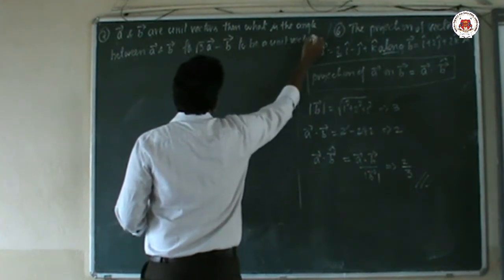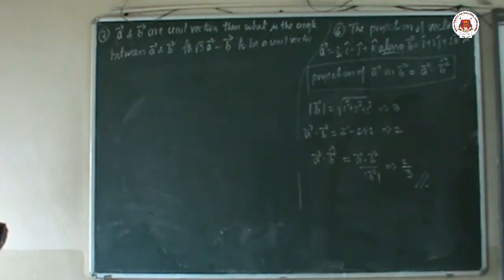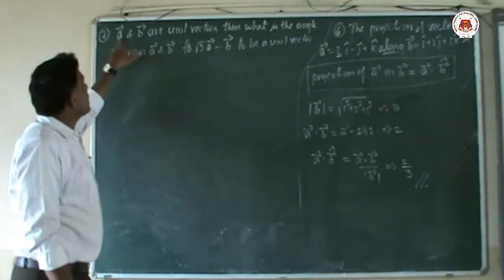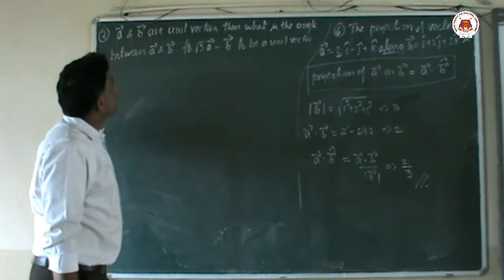So this is the question. So children, this one is the question. He is asking, A vector and vector B, these two are unit vectors, meaning A and B are unit vectors.